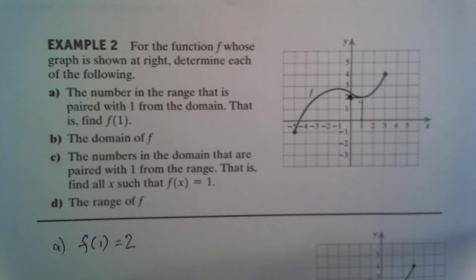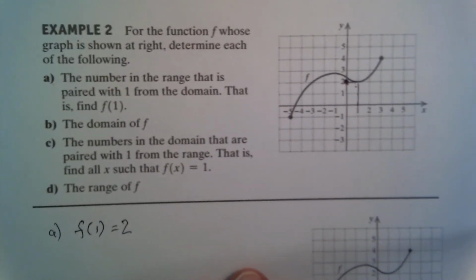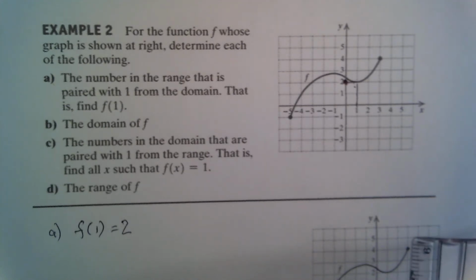Then the second part is find the domain of the function. The domain is the set of all the input values, so all we do is look at where the function begins, at which value for x, and where it ends on the right side.